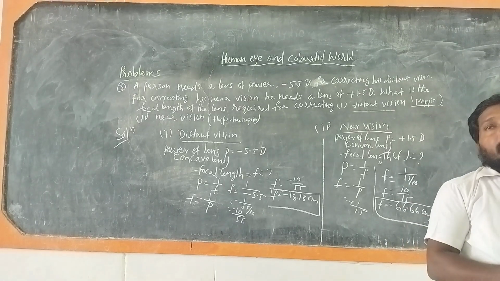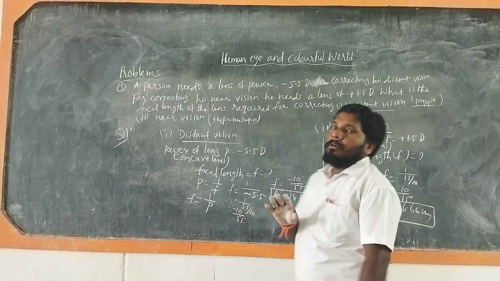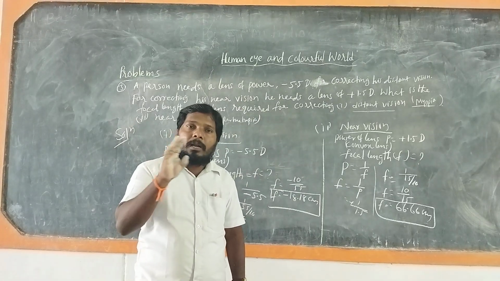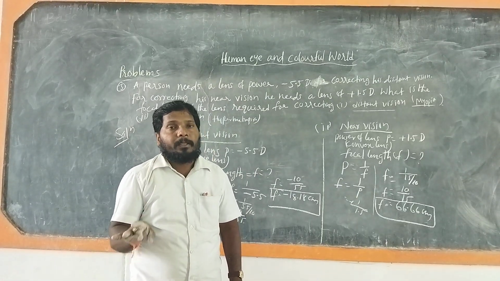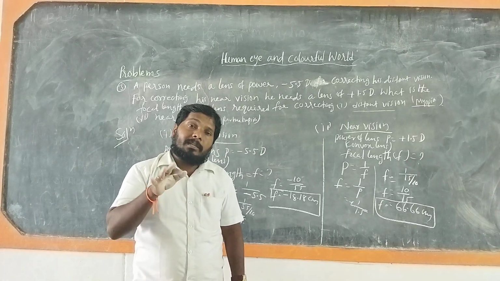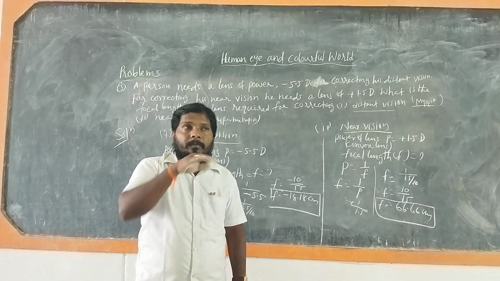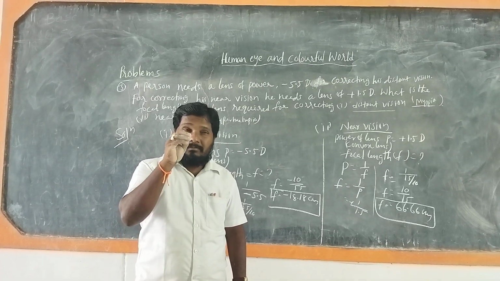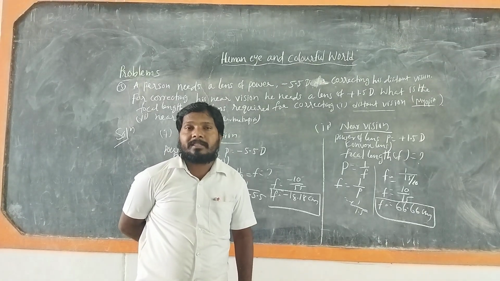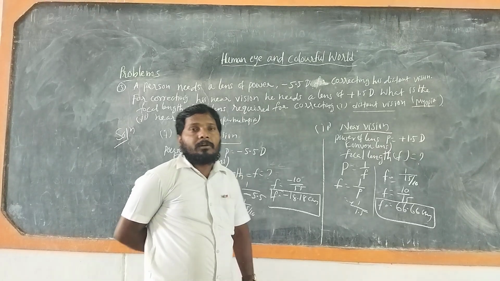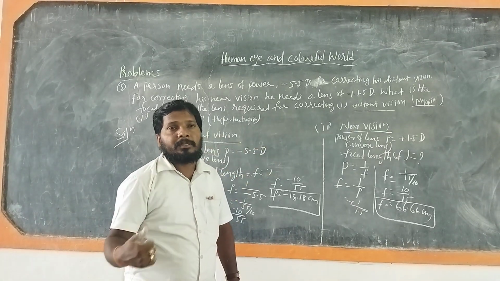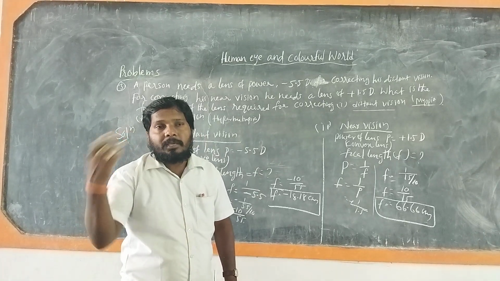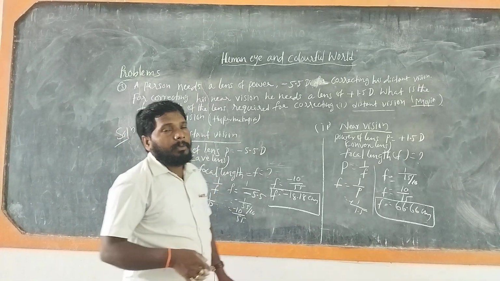In the light chapter, we calculated problems regarding concave and convex mirrors, concave and convex lenses, and refractive indexes. So calculating focal length, image distance, object distance, the nature of the image, and at which point the image is formed.